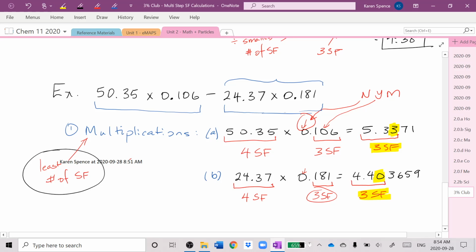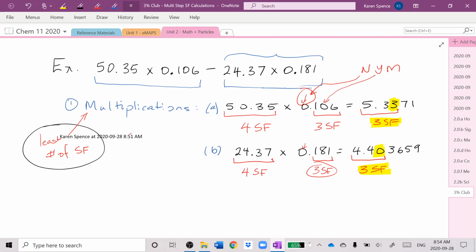Because now what I want to do is grab a different color here.